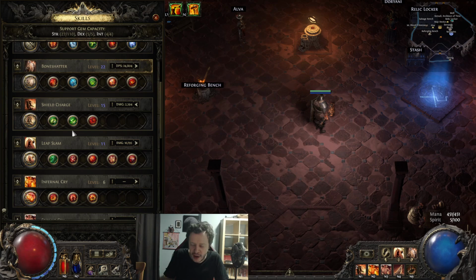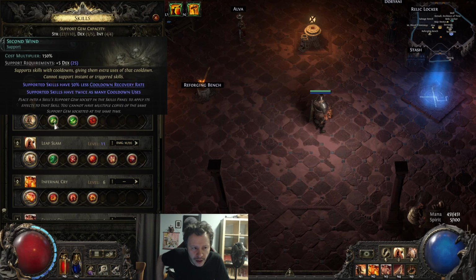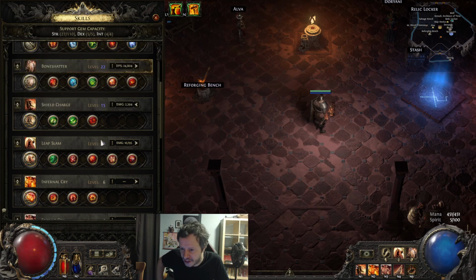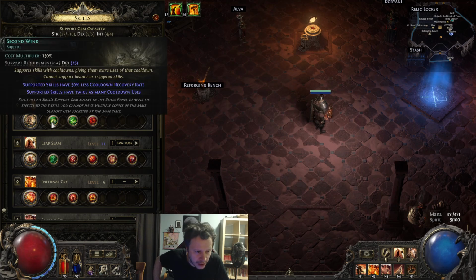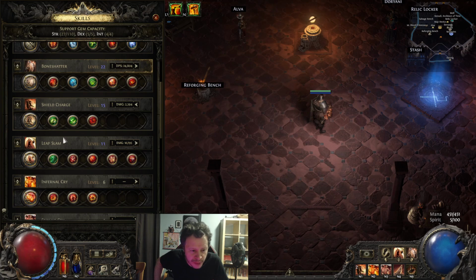That would bring it down to 0.6 seconds repeating, and then the second wind will double it, basically bringing our cooldown to 1.33 seconds. Yeah, that's what it does. That would be the end result.